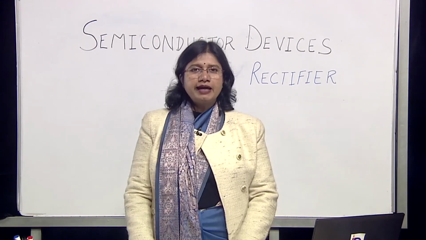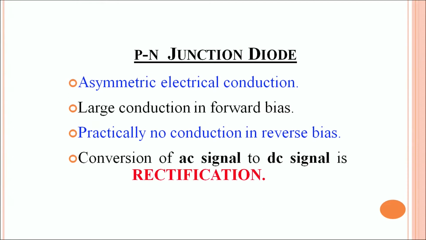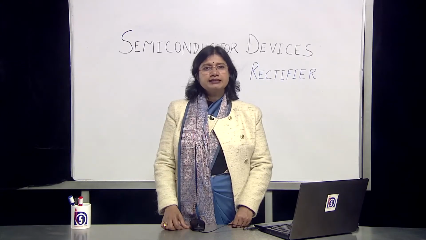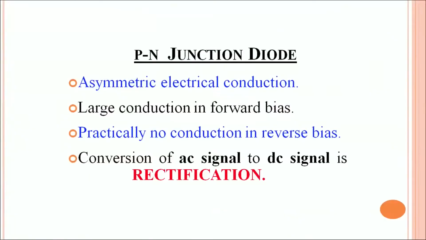Now, as we are aware of a PN junction diode, in a PN junction diode there is asymmetric electric conduction. By asymmetric electric conduction, we mean that whenever the diode is in forward bias, there is a large conduction of current, which means that the diode offers very little resistance.